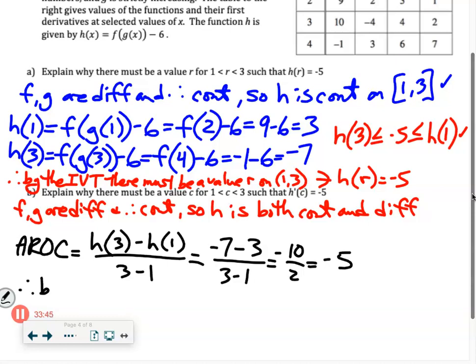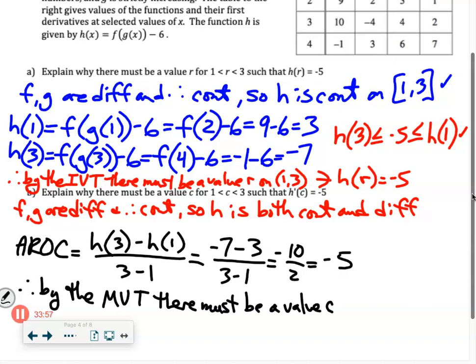Therefore, by the MVT, there must be a value C in 1 to 3 such that f prime of C equals negative 5. Know your theorems. They will be on your test.